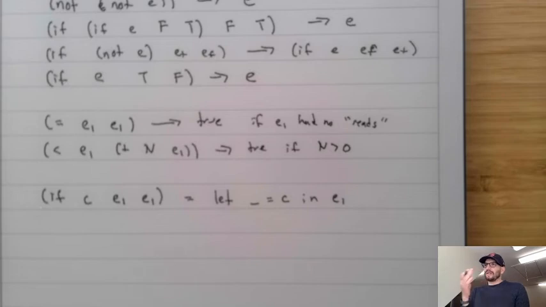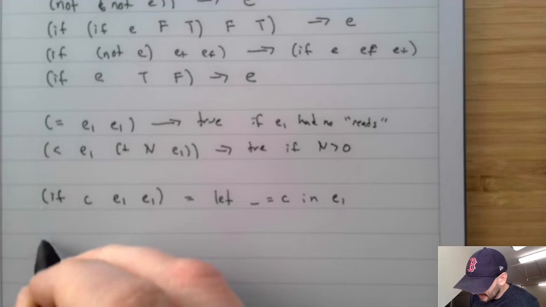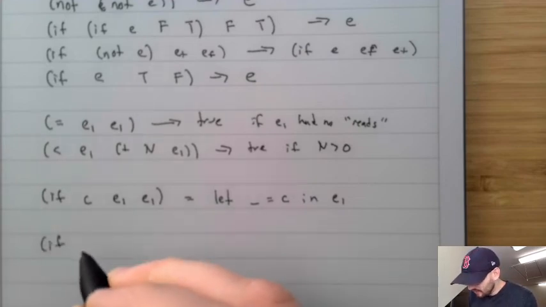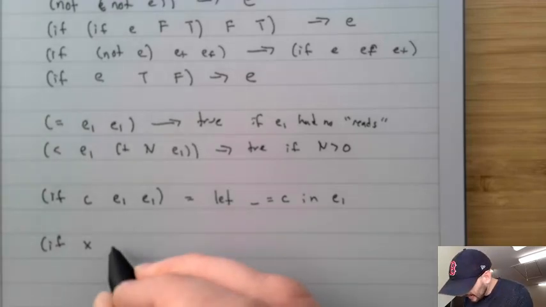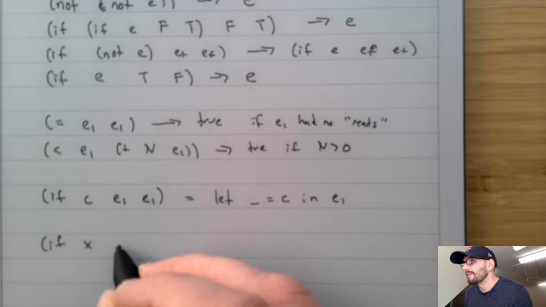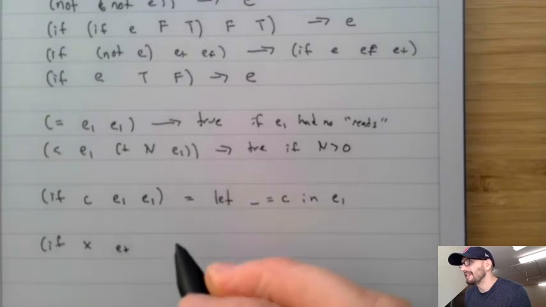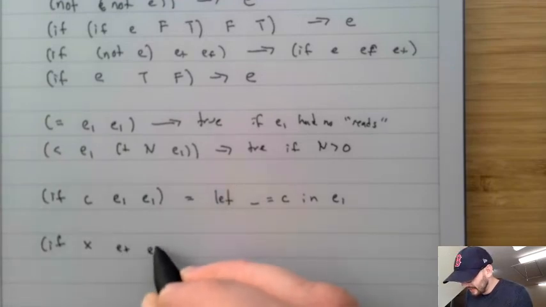Oh yeah, and there's one last kind of cool thing that we can do. Imagine that we had an if statement where the condition was an expression like x, and then we had ET and then EF.